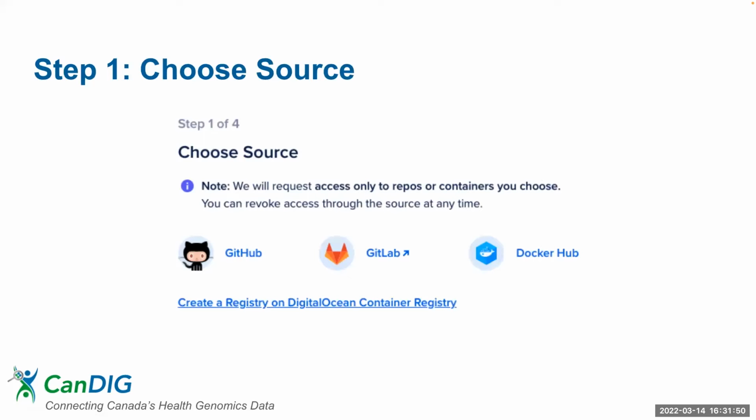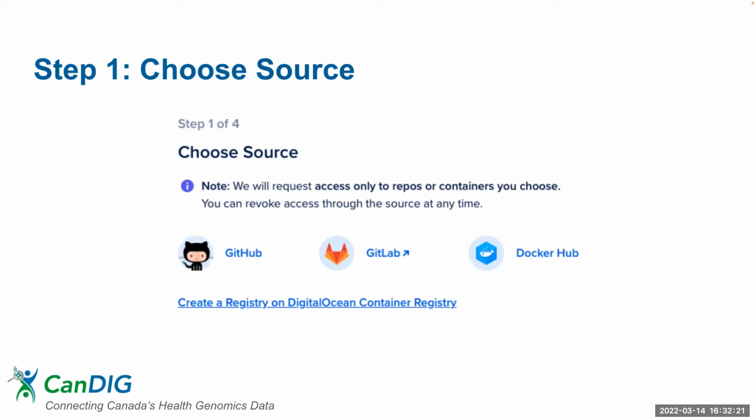Unlike some other app hosting services, some of which provide command line tools for you to upload your source code, with DigitalOcean the starting point is your UI here. So your source needs to be hosted on one of these: GitHub, GitLab, or Docker.